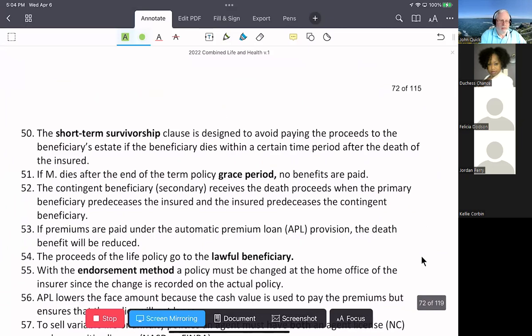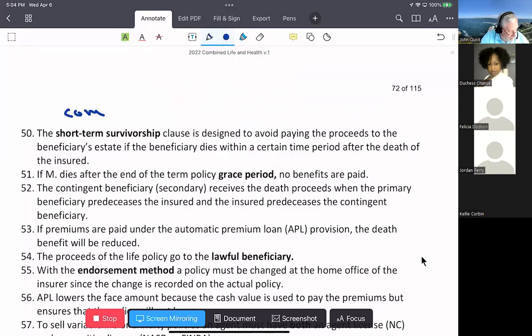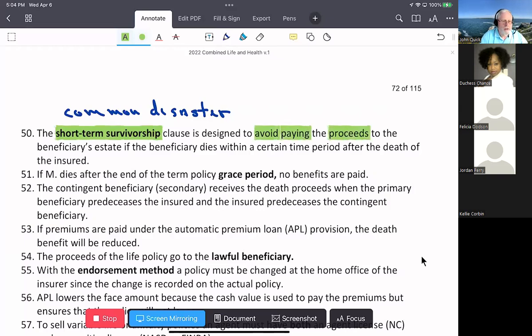All right, next page. Short-term, and this is the last page, by the way. Short-term survivorship. Now, in the old days, they called this the common disaster provision. You might still see this sometimes. The short-term survivorship or common disaster provision is designed to avoid paying the proceeds to the beneficiary's estate if the beneficiary dies within a certain time period after the death of the insured.